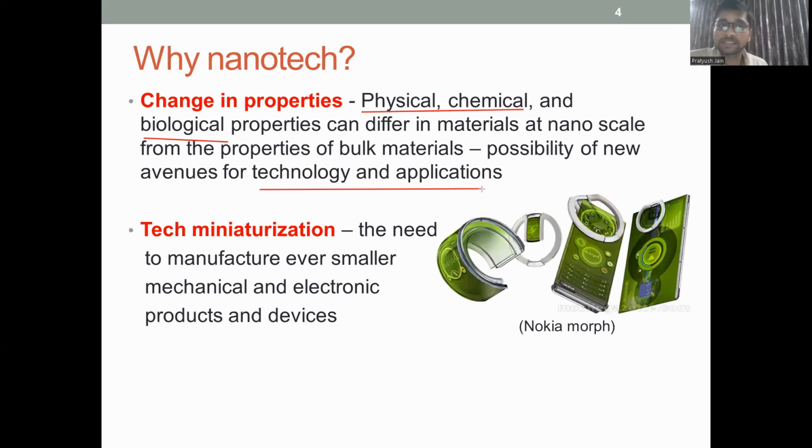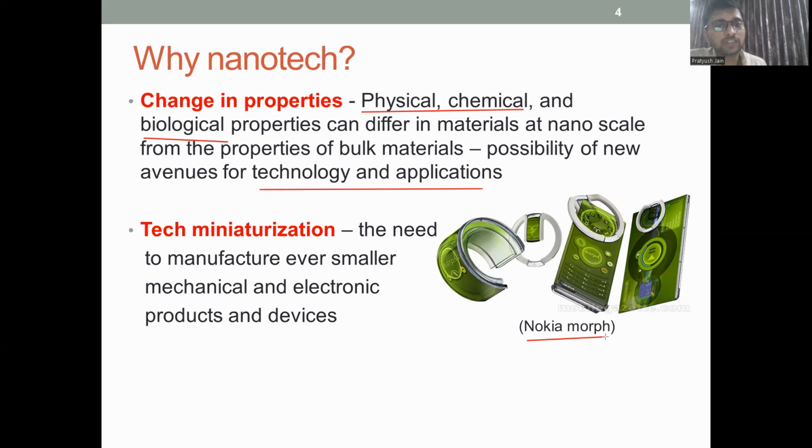Another reason is tech miniaturization. There is a trend to manufacture and research even smaller and smaller devices and products. For example, we have an example here of the Nokia Morph. It is a concept of how futuristic smartphones will look like.